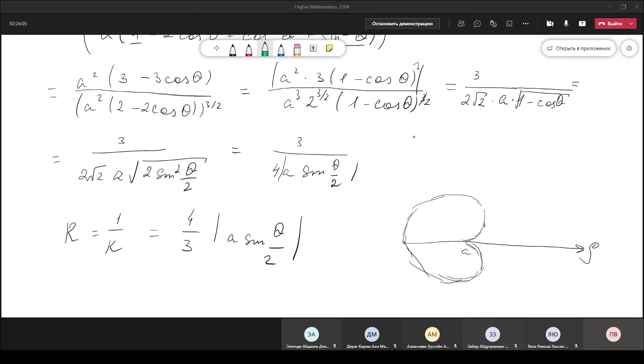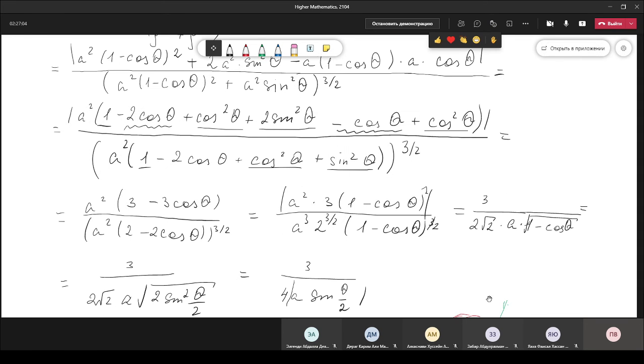In this point we can plot tangent line, plot perpendicular, and our circle, this radius on the point M. It is rho is A times 1 minus cosine of theta.